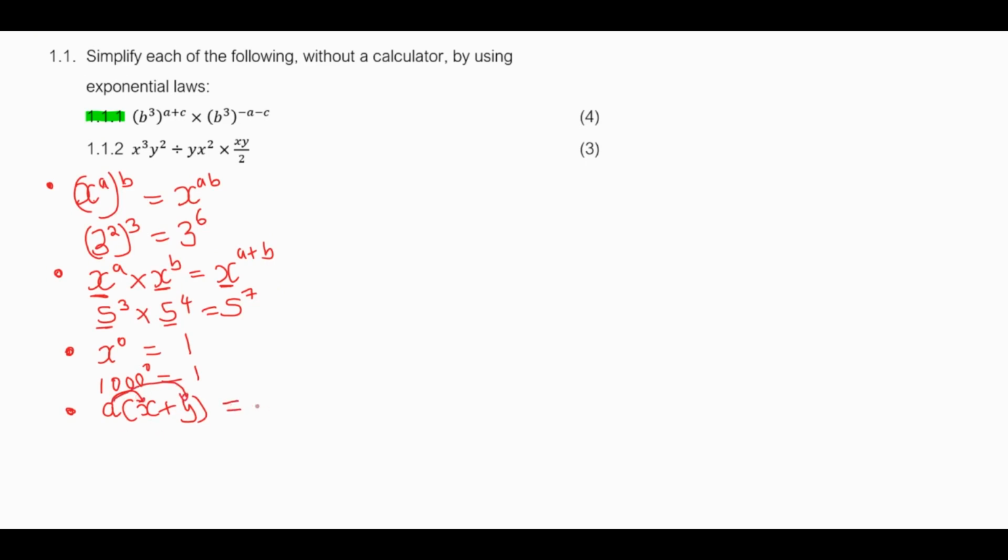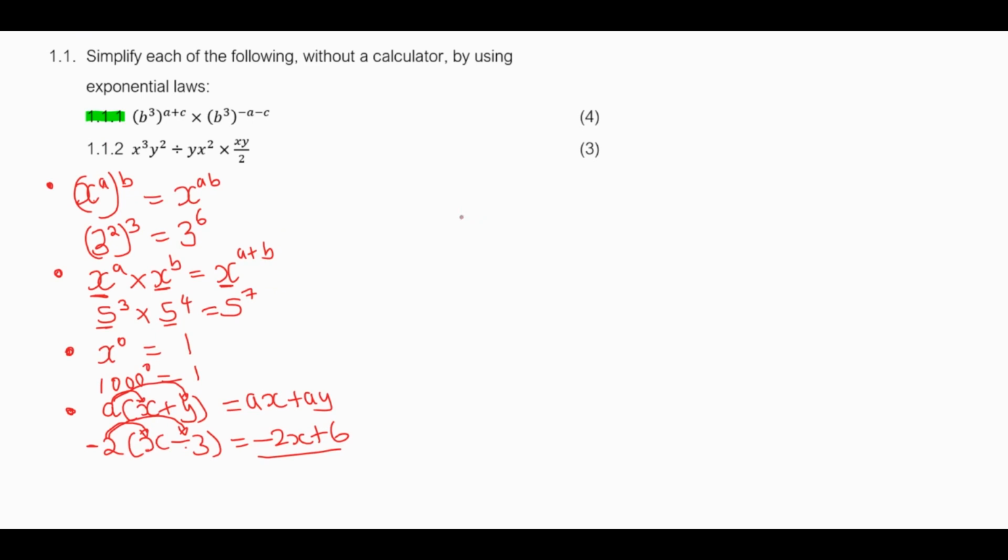So it becomes a times x plus a times y. Or negative 2 times x minus 3: negative 2 times positive x gives negative 2x, and negative 2 times negative 3 gives positive 6. That's the distributive law. So these are the concepts we have to remember when dealing with question 1-1.